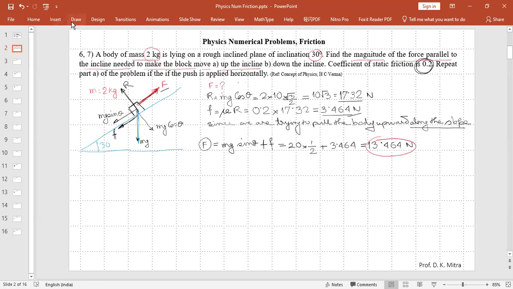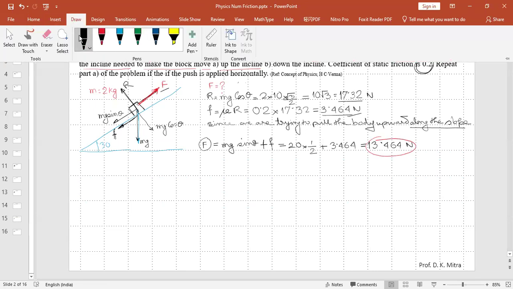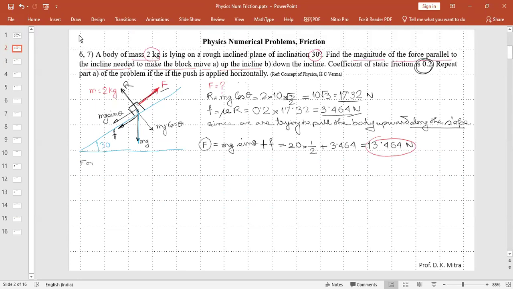Now for downward motion. Let us check the downward motion. They want us to find out what is the force required parallel to the block to move it downward. That means if I have to move it downward, then how much force F dash do I have to apply?